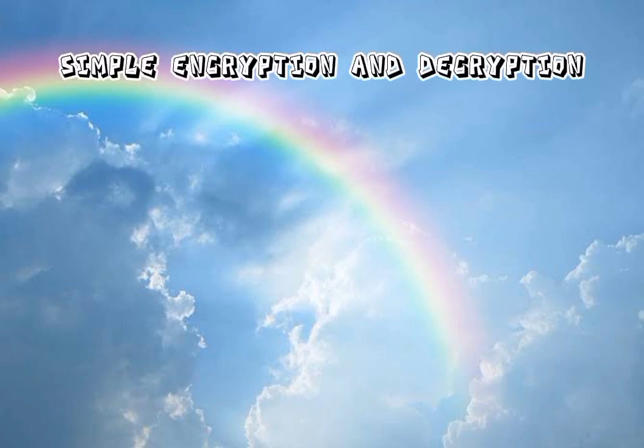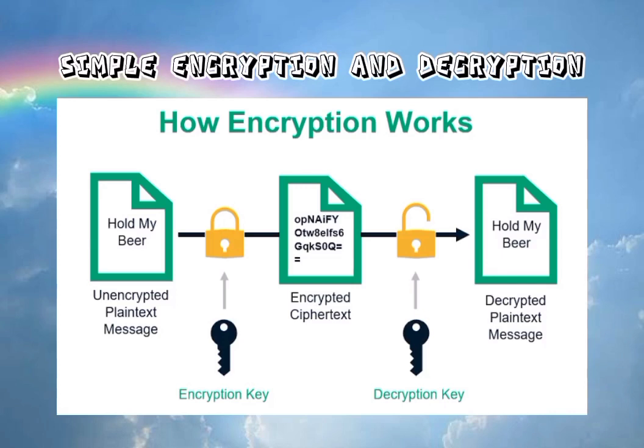So here is a simple encryption and decryption sample. So how encryption works? It started in an unencrypted plain text and encryption starts here. So dito ka mag-i-encrypt ng message through a plain text and after that it is encrypted or it will become a ciphertext.